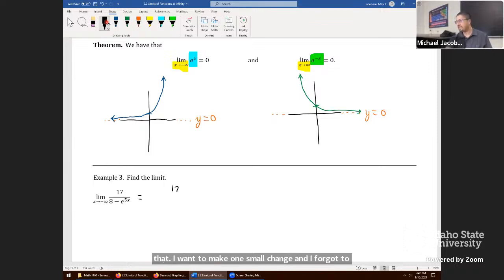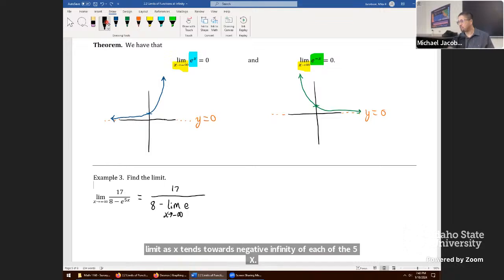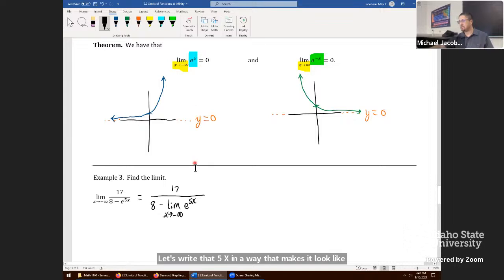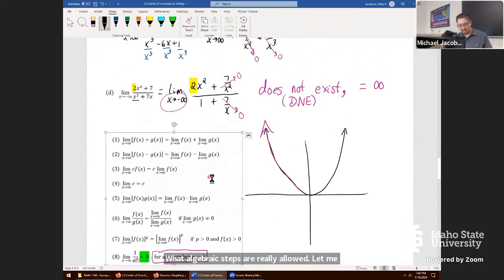I want to write this in as 17 divided by 8 minus the limit as x tends towards negative infinity of e to the 5x. Let's write that 5x in a way that makes it look like an exponent. There we go, 5x. So I just did a bunch of limit laws right here, but that's the purpose of the limit laws, to know when you can take them for granted, what algebraic steps are really allowed. Let me highlight what those laws were. I'm going to scroll for just a moment and come right back.